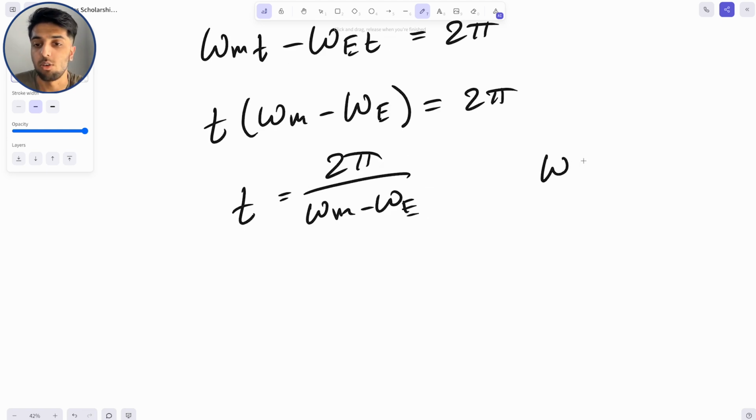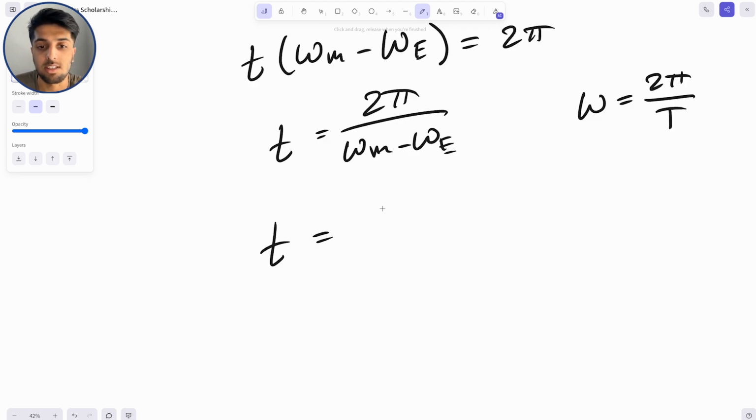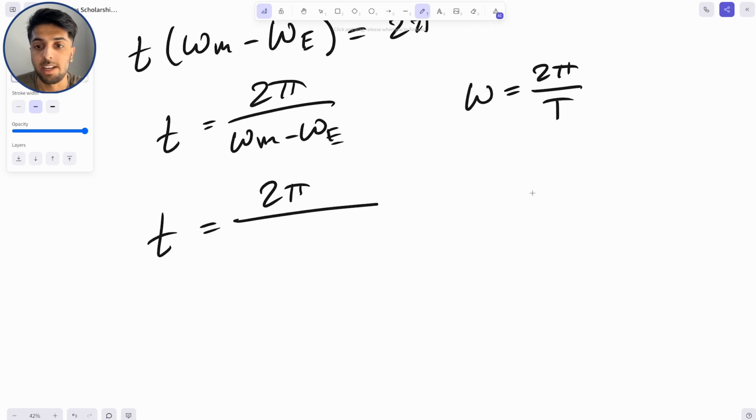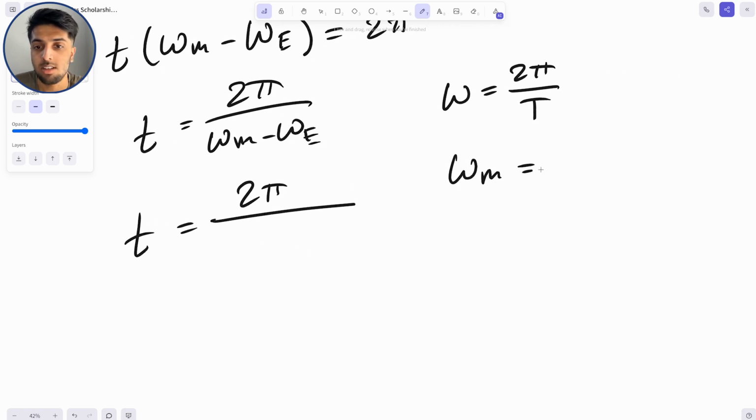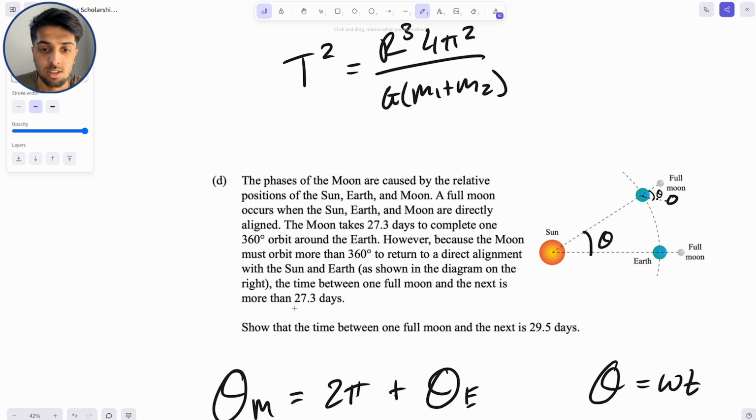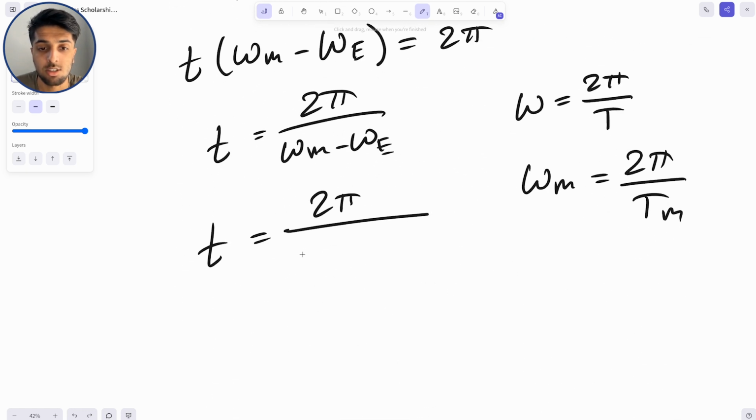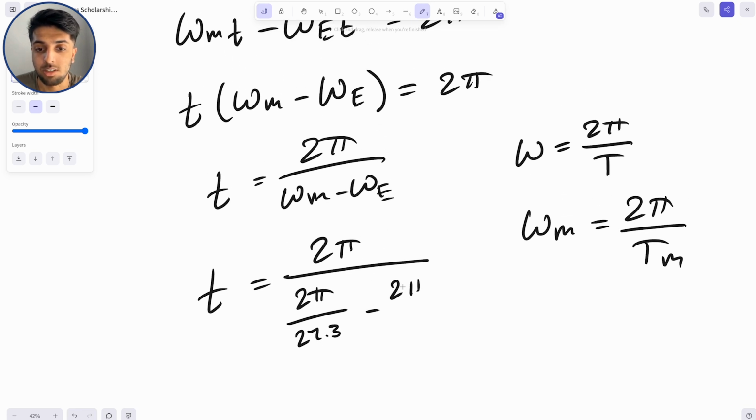Now we know that omega is equal to 2 pi over T, where T is our period, so we can sub that in, getting t is equal to 2 pi all over 2 pi over the period of the moon, which is 27.3 days. So we get 2 pi all over 27.3 minus, again, 2 pi.